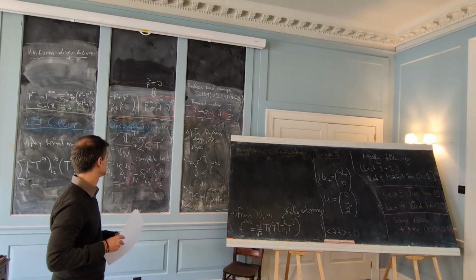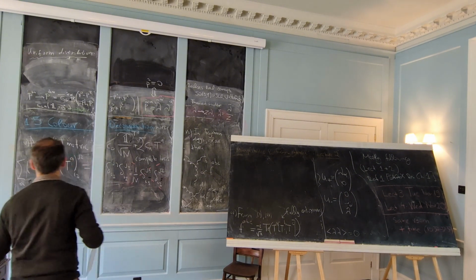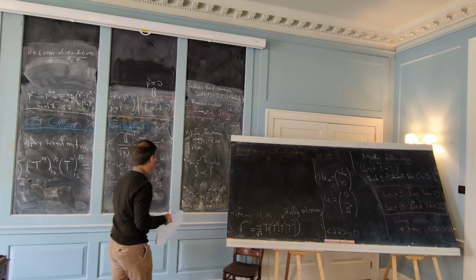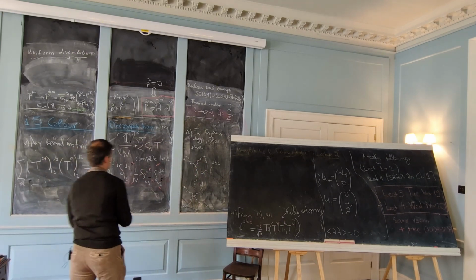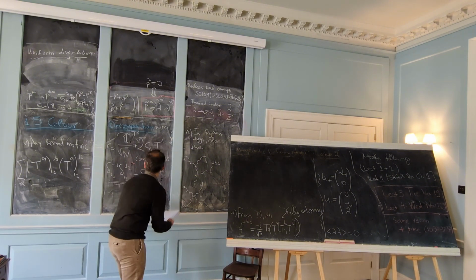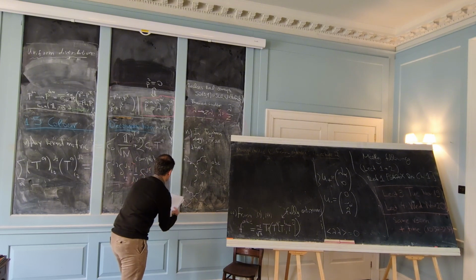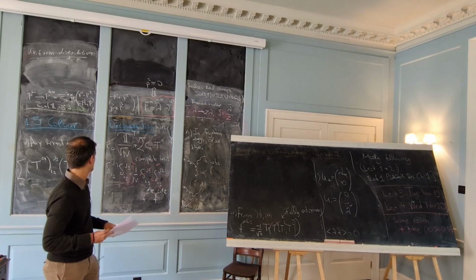Yes? Okay, sorry, I wanted to save space, but let me write this on the left. So this is proportional to f^{ABE} times f^{CDE}, and we are summing over E. All right.